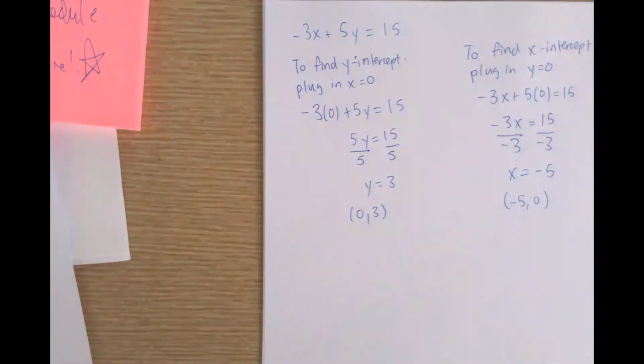Okay. So on the graph, now that you have found both of your intercepts, you can plot those points, and then you can go ahead and graph it.